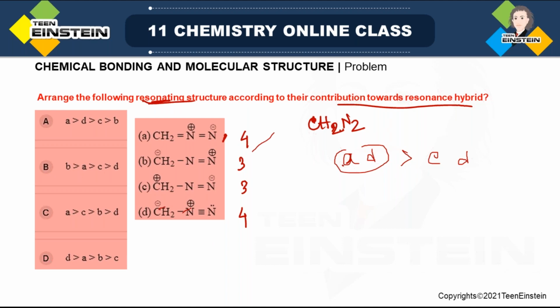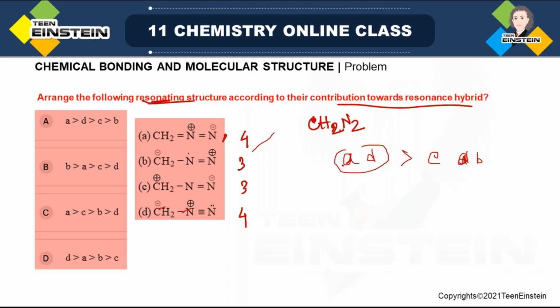But you don't have to think so much. Just check the number of covalent bonds. That information is enough to confirm that A and D will be more stable than C and, sorry, it is B, not D.